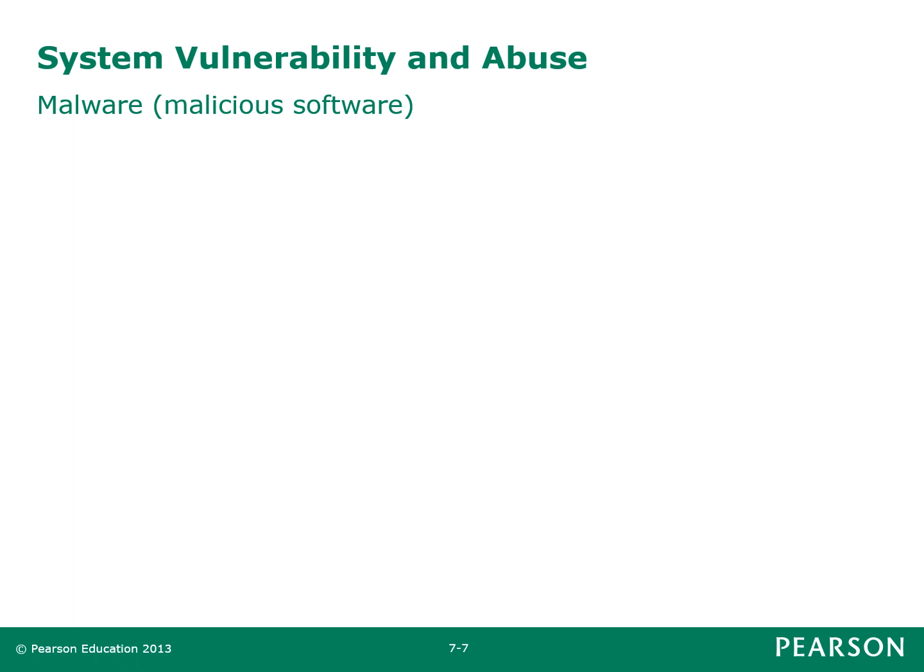Now it is important for you to understand what threats are, which means threats that use malicious software, or malware for short. Malware is one of the most dangerous threats that harm information systems and computers today.